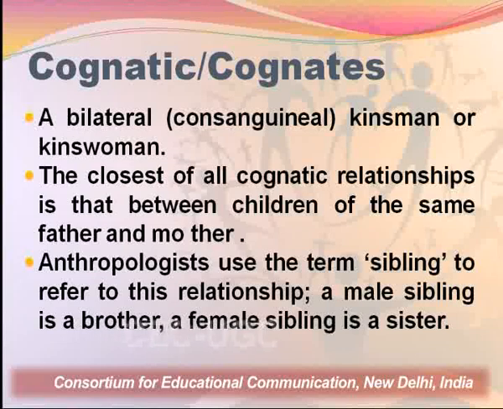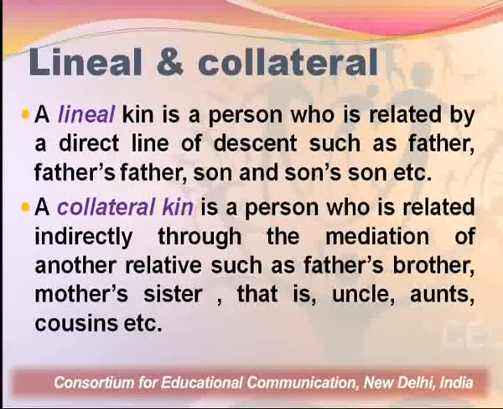The closest cognatic relation is that between children of the same father or mother. Anthropologists use the term sibling to refer to this relationship. A male sibling is a brother and a female sibling is a sister. When we look into agnate and cognate, we will get a clearer understanding when we go into the concept of descent and look into the types of descent.